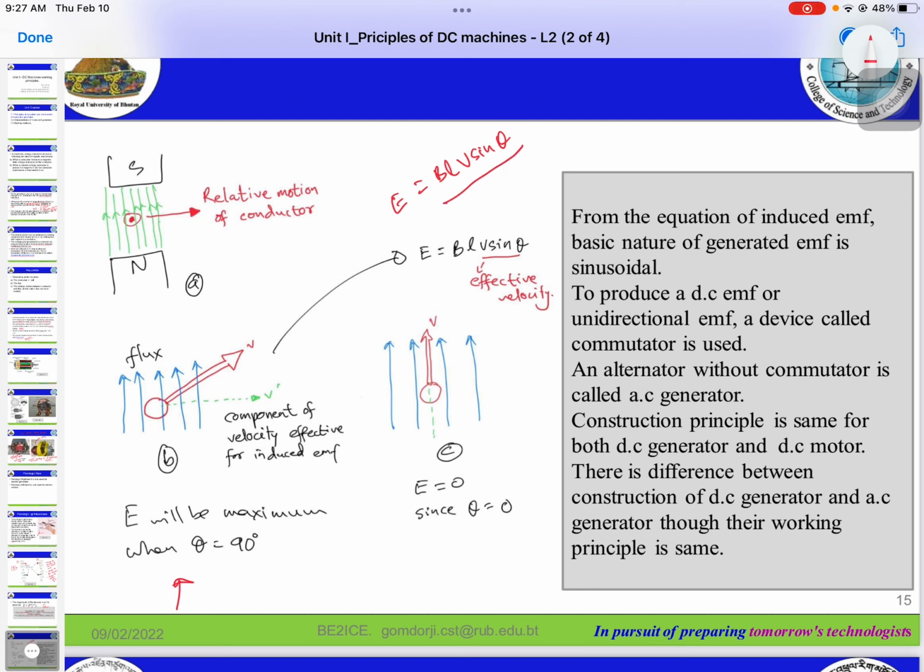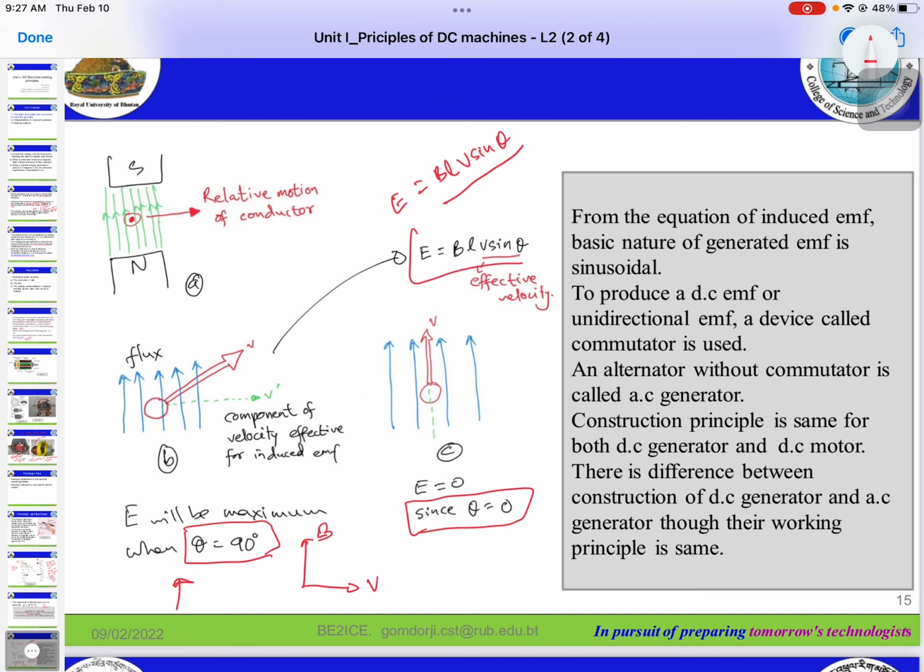To have the maximum induced EMF, as we have discussed, V and B, the velocity and the flux, should be separated by 90 degrees. So for maximum E, theta should be 90 degrees. For the minimum E, if the induced EMF is 0, theta is equal to 0.